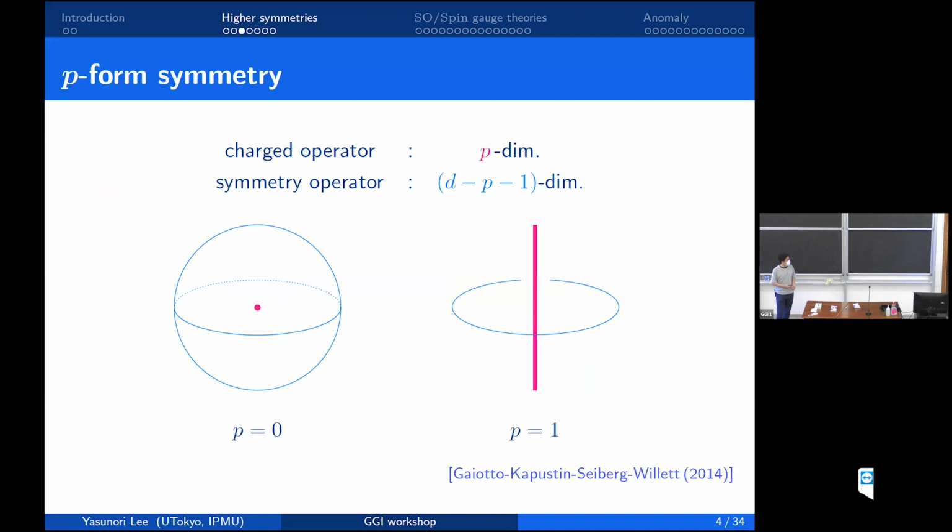In the same way, one can consider the arbitrary generalization, where the charged operator is p-dimensional, and the symmetry operator surrounding it has codimension p+1. This is what is called p-form symmetry. In this language, the ordinary symmetry corresponds to the p equals 0 case, so it is actually a 0-form symmetry. Similarly, the line operator case corresponds to p equals 1, so it is a 1-form symmetry. So far, so good.